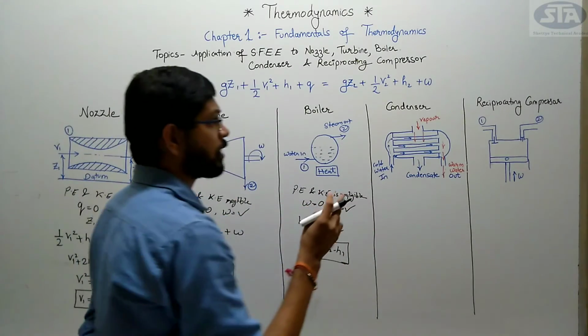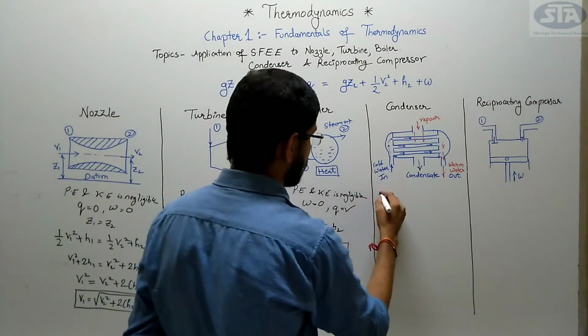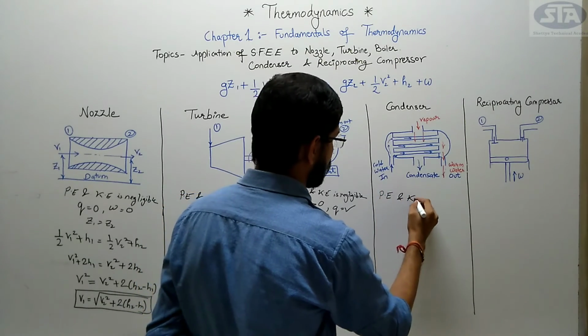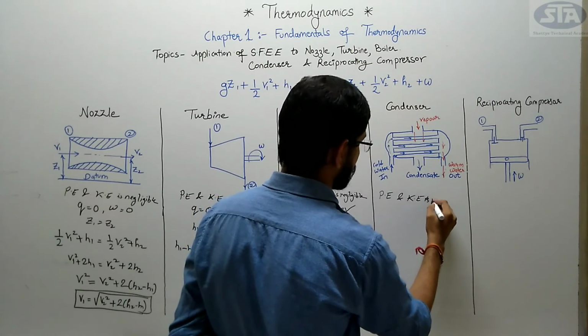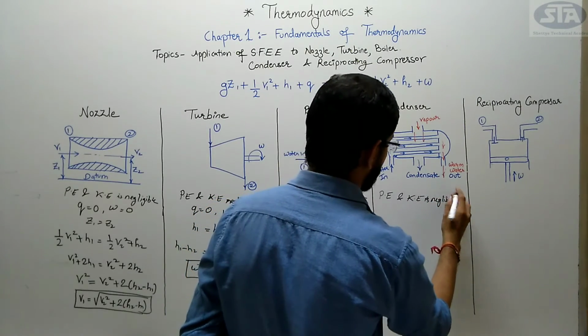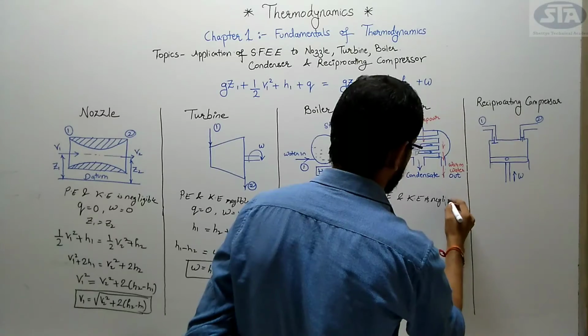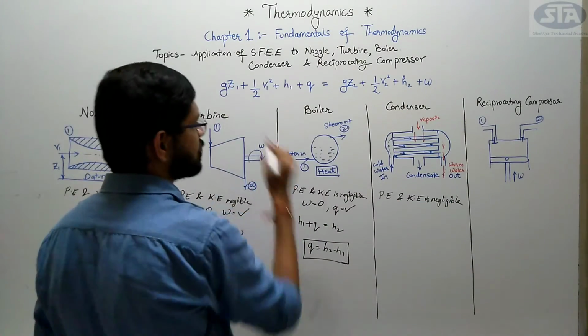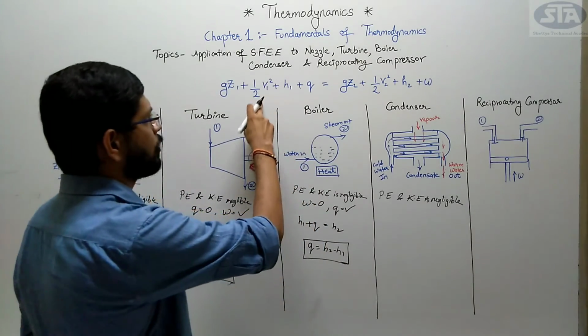Here, let's see what we can derive. Potential energy is negligible and kinetic energy is also negligible. So there is nothing to do with gz1, nor with V1 square.